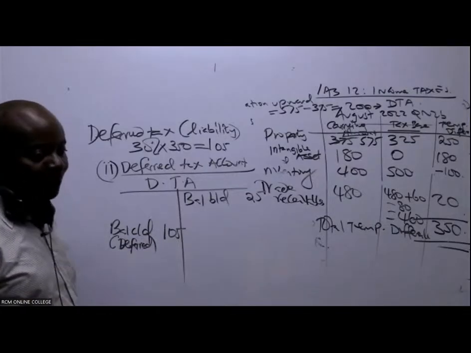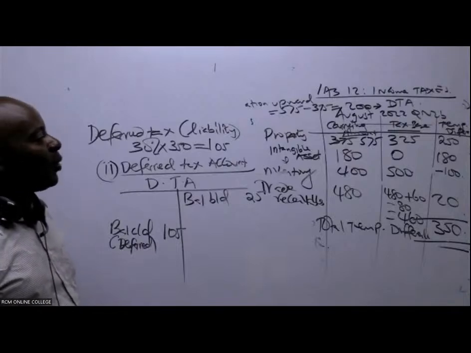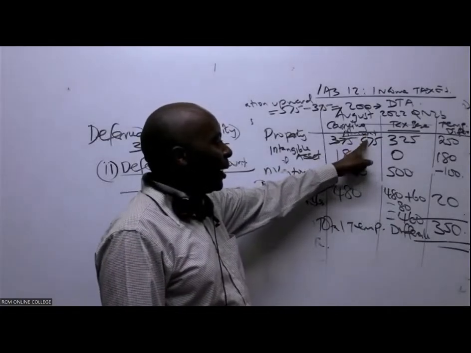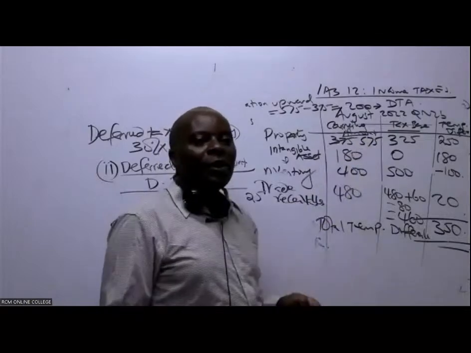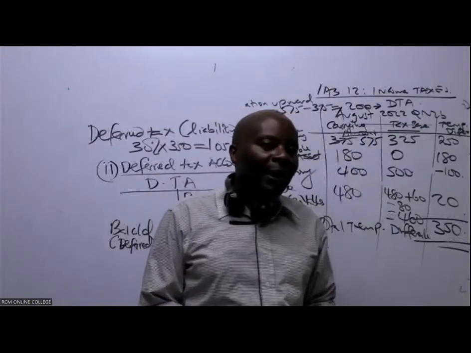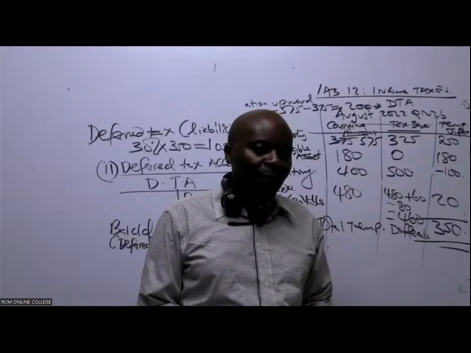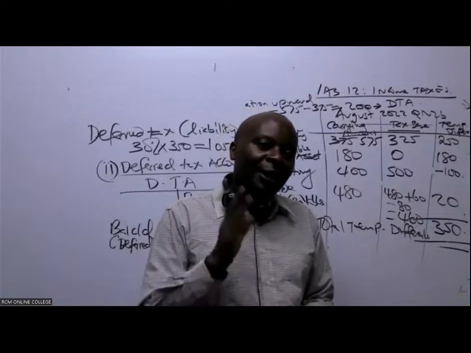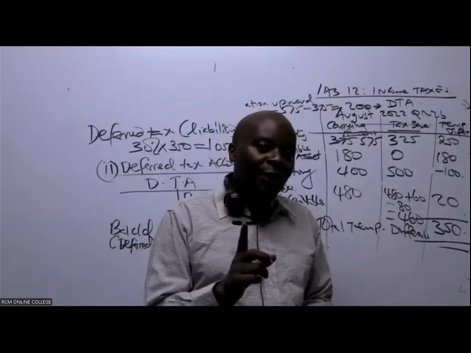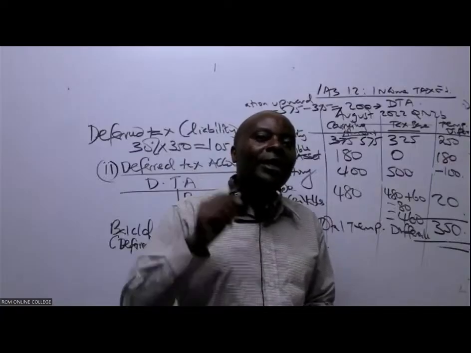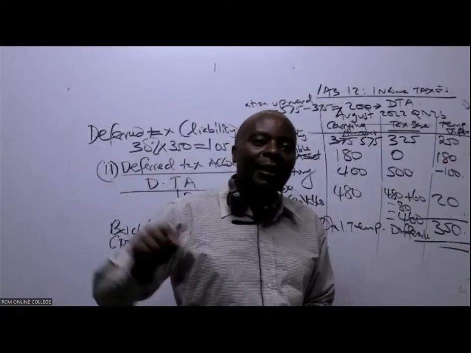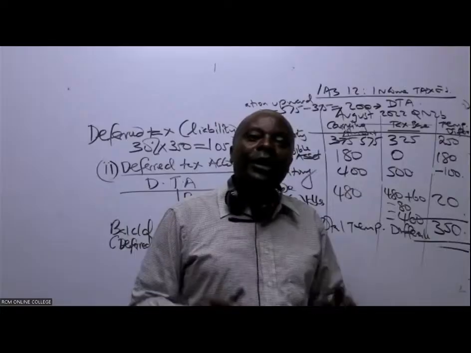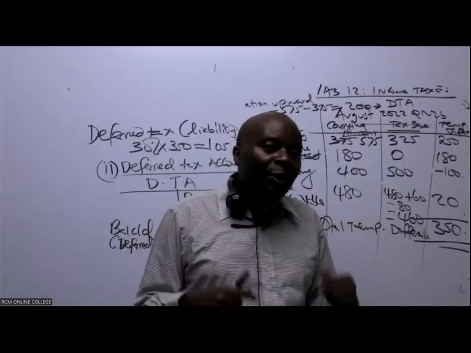Deferred, 105. Remember we have a revaluation amount in this. This revaluation amount leads to what we call permanent differences, because the taxman will never allow the revaluation amount. Permanent differences are those differences which arise on transactions that are disallowed by the taxman. If the taxman never allows them, then they should never feature in our temporary differences.